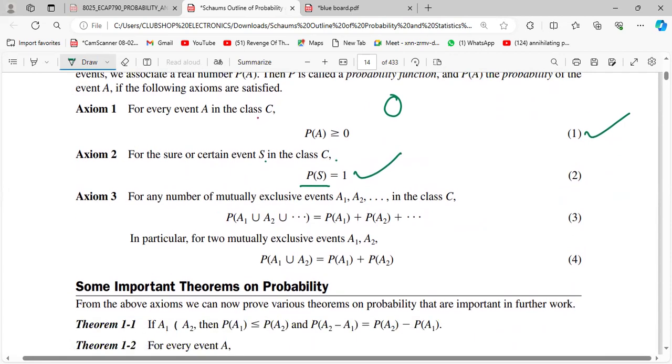Axiom number 3: for any number of mutually exclusive events A1, A2, A3, and so on up to An, in class C.